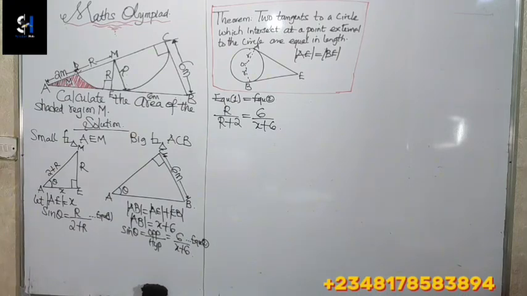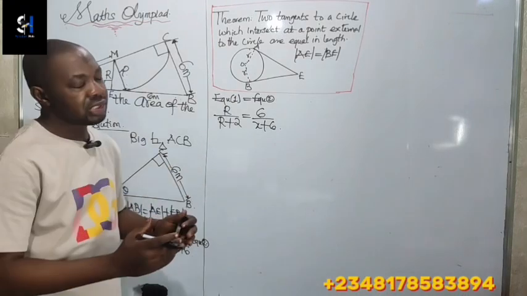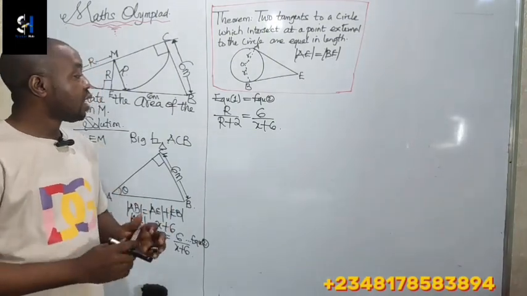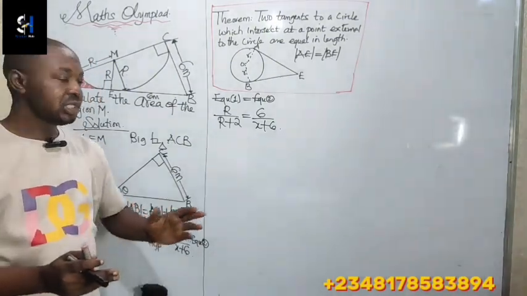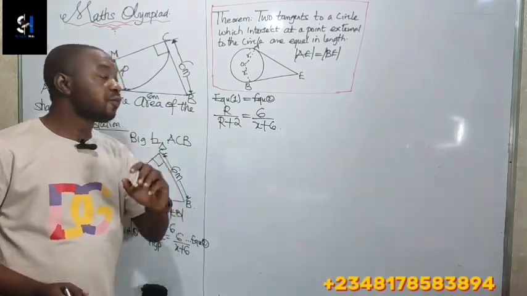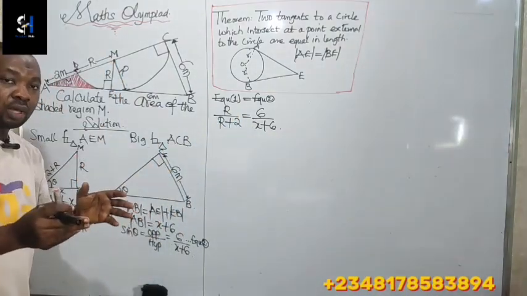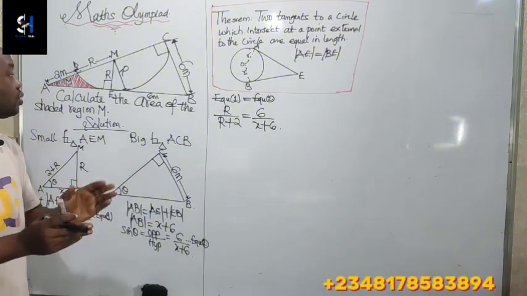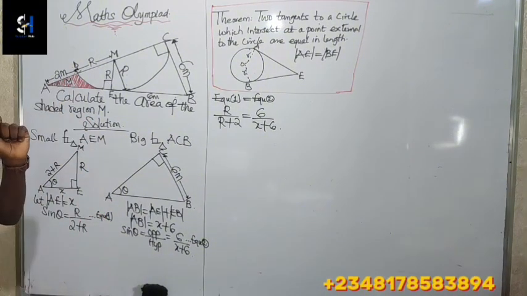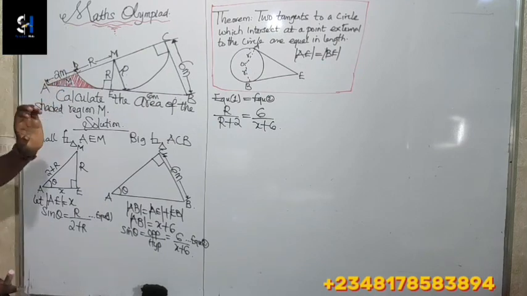Now in this case, it could be one of two things. We need to express either x in terms of r or r in terms of x. Don't forget that our goal here is to calculate the area of the shaded region.